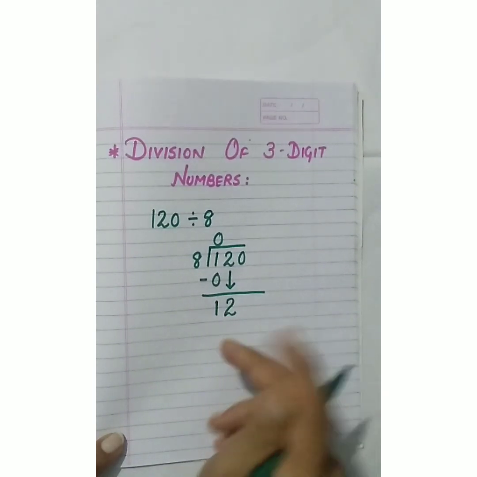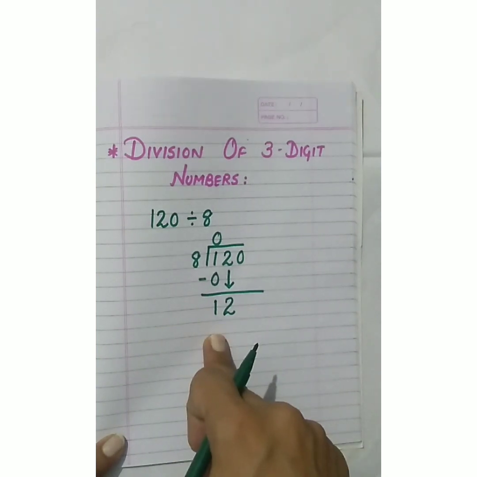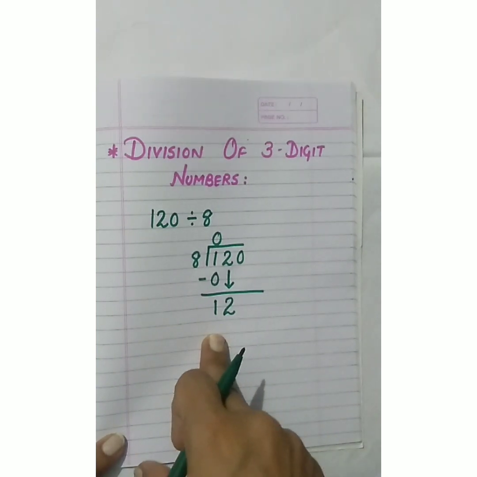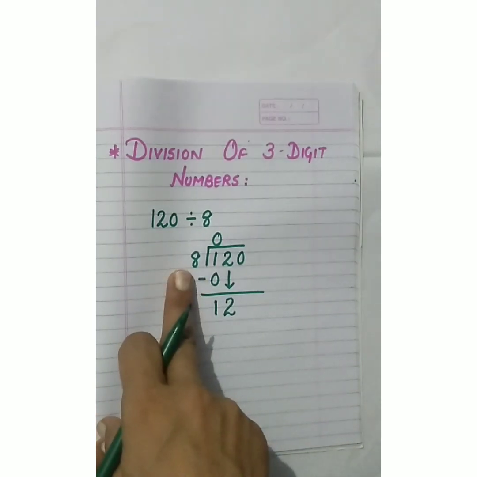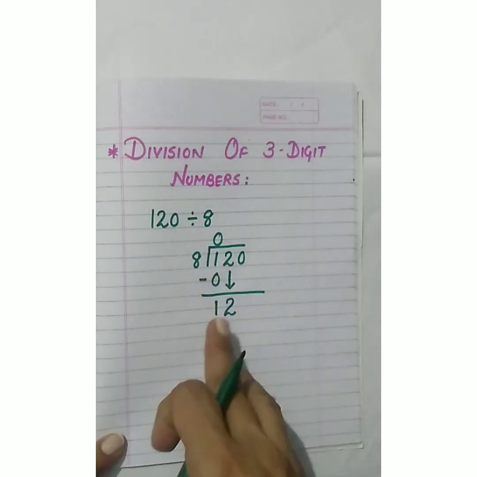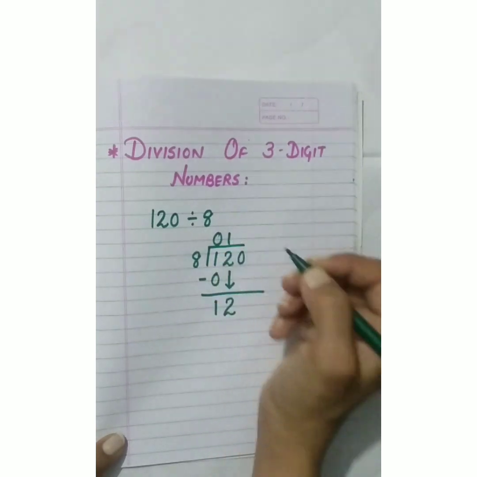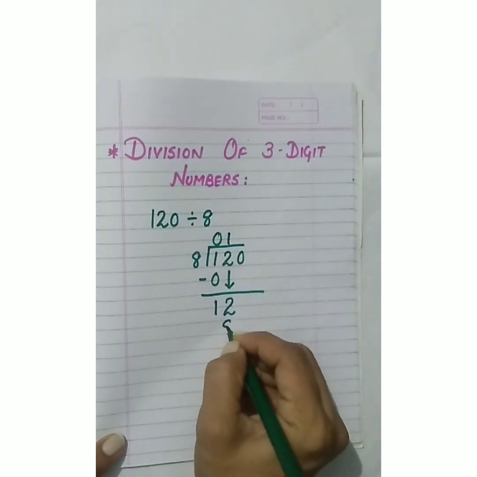So it will become 12. 12 means 2 ones and 1 tens. Now we will see whether 12 comes in the table of 8 or not. So 8 ones are 8. 8 twos are 16. So 16 is more than 12. So we will take here 8 ones are 8.